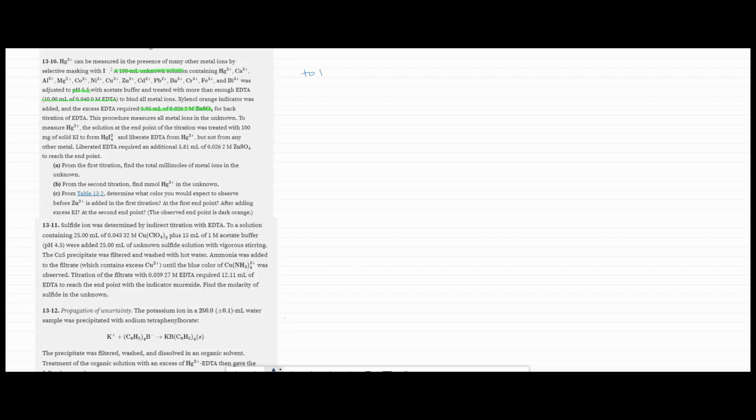So the total EDTA is going to be equal to the moles of EDTA used for the solution for all the metals plus the moles of EDTA in the back titration. So the total EDTA added, we have 0.01000 liters of a 0.0400 moles per liter EDTA solution.